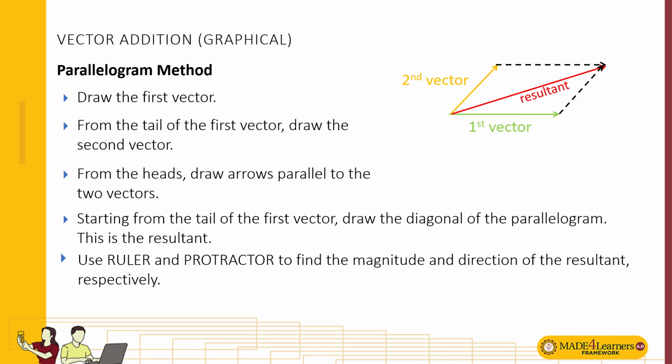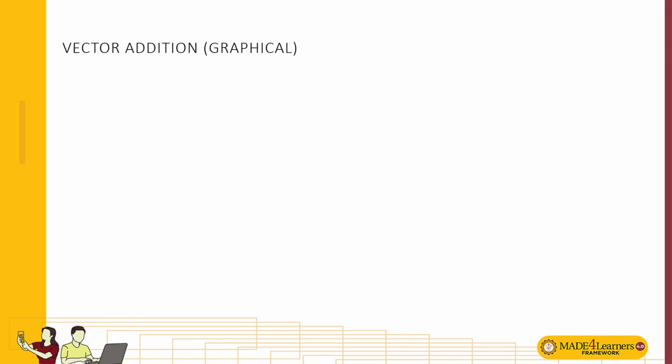So the less hassle method is what we call the polygon method. So it's not a parallelogram only, but a polygon. The number of sides would depend on the number of vector quantities that you are using to get the resultant. If the polygon has three sides, it's called a triangle.